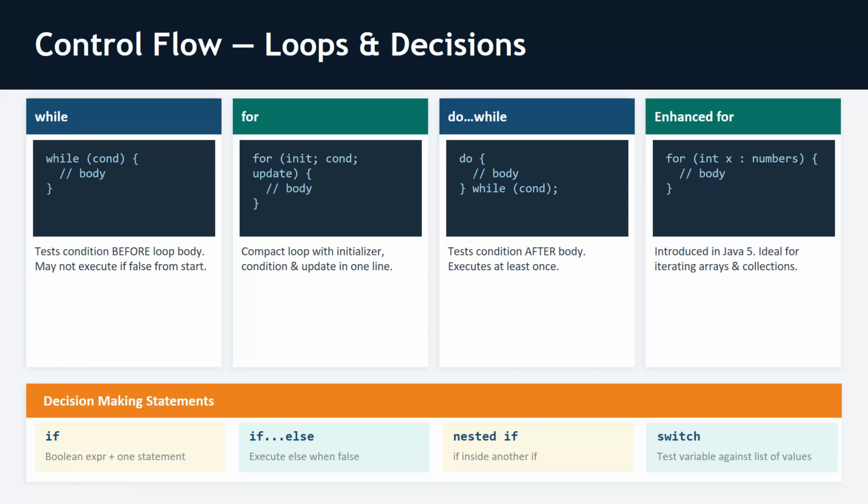Now, we had said about the differences between while, for, do while, enhanced for, an if statement, if else, nested if, and switch. So we had worked up to if else.